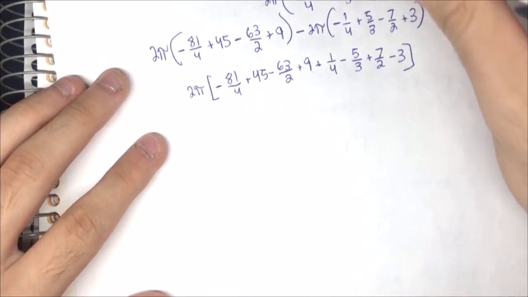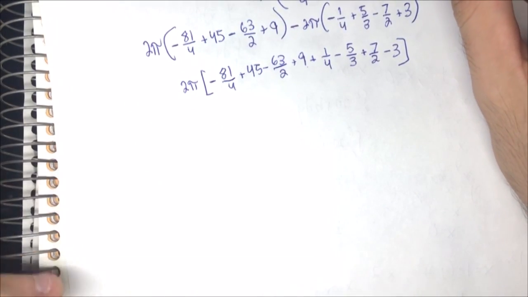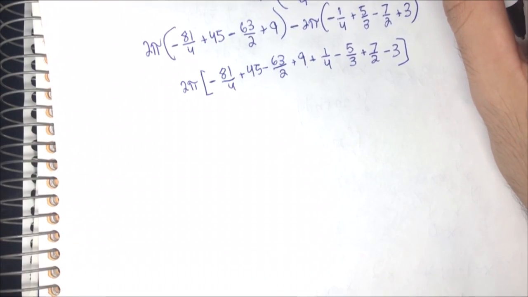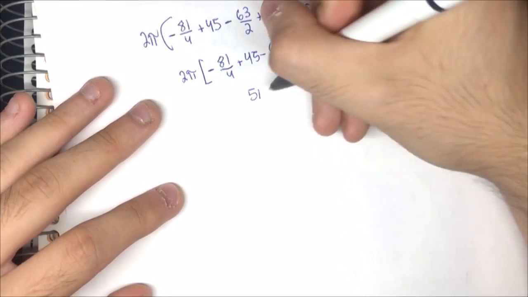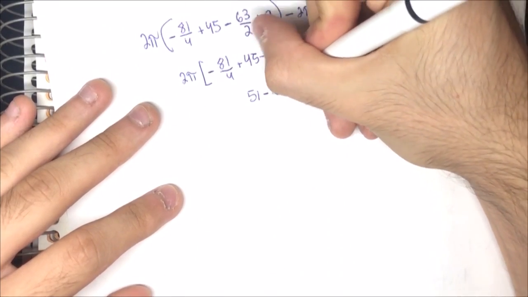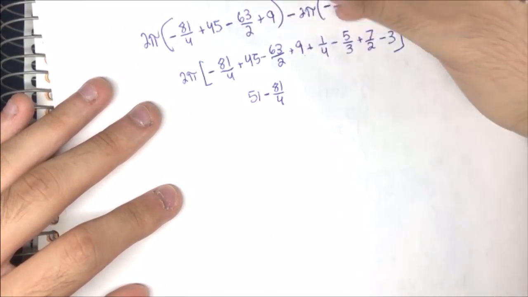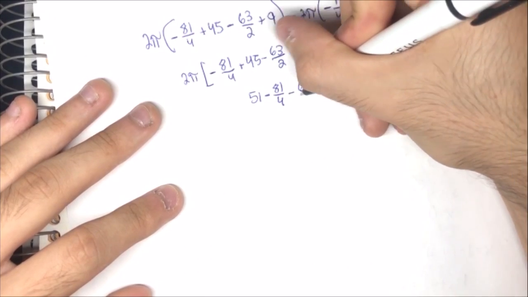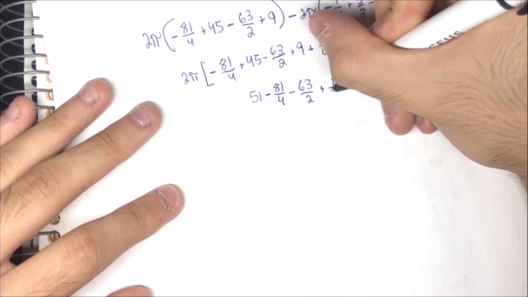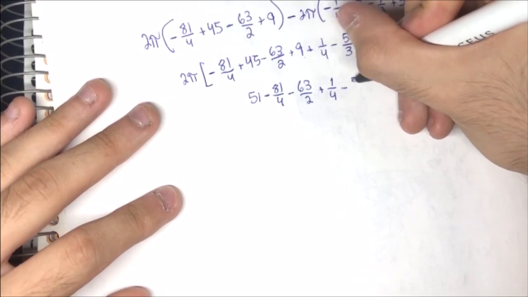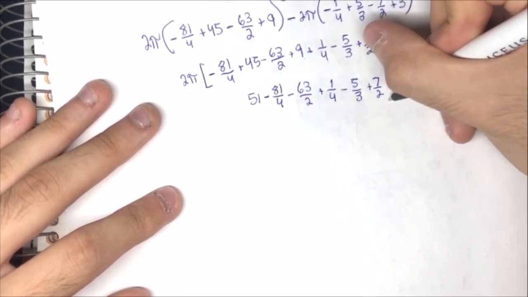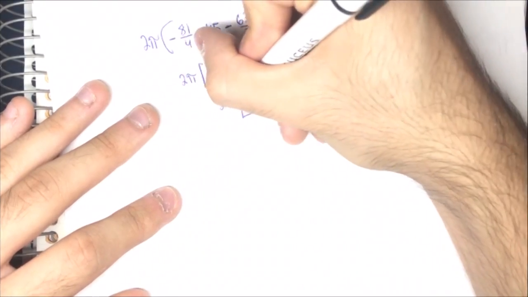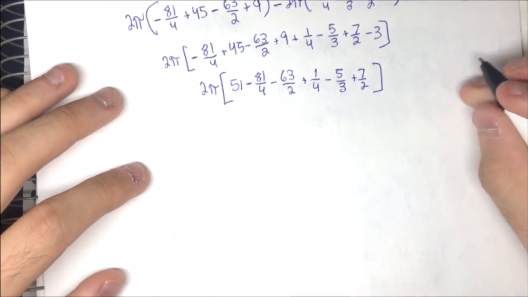So let's combine the 9, 45, and 3. What does that give us? That gives us 54 minus 3 is 51. So 51 minus 81 over 4 minus 63 over 2 plus 1 over 4. Oh, wow. Minus 5 over 3 plus 7 over 2. That's a lot. All right, all still being multiplied by 2 pi.